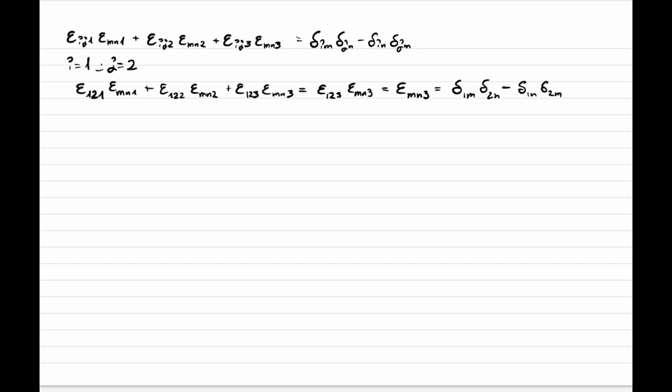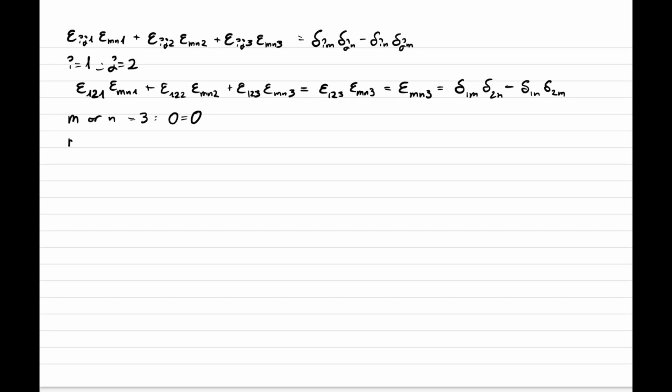So this is very easy to check, because if m or n equals 3, this is going to be 0, so we are going to have 0 equal, and now we have to check that this will be 0. But this is very easy, because if any of them is 3, let's say the index m is 3, we have 1, 3 different indices, this is going to be 0, and here 2, 3 different indices, this is also going to be 0. So the formula for this case is correct.